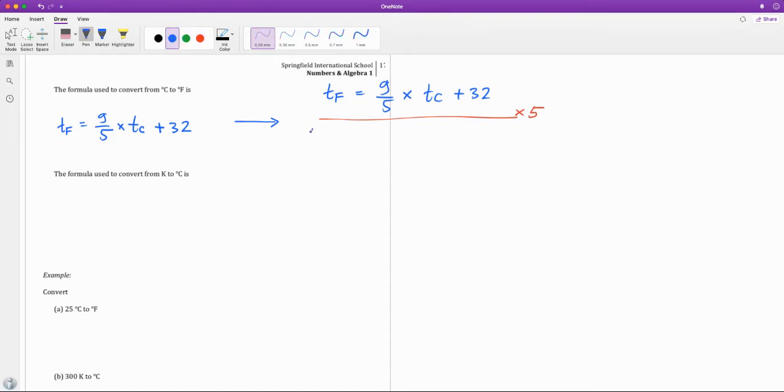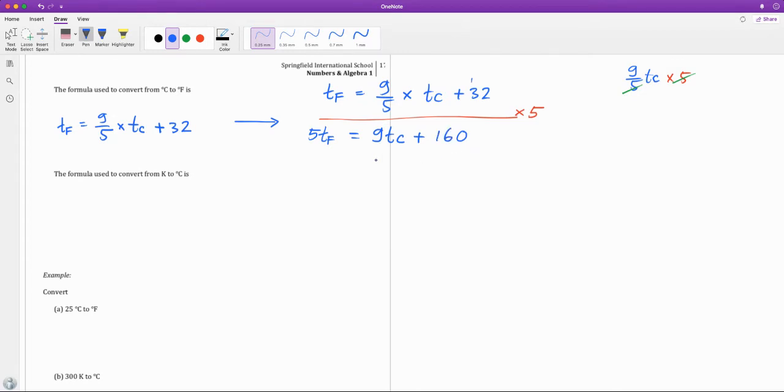TF times 5 becomes 5 TF. 9/5 TC, we multiply by 5 and simplify, it becomes 9 TC. And then 32 times 5: 2 times 5, 0. We have 1, 5, 6, 160.